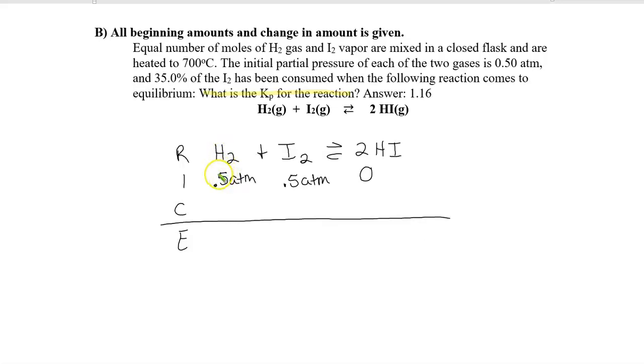So they must have given us some sort of hint about how much has changed. It says that 35% of I2 has been consumed when the reaction gets to equilibrium. So 35% of this amount of I2 has disappeared.